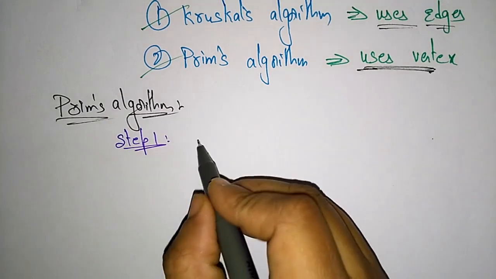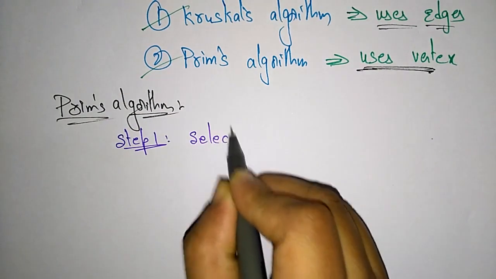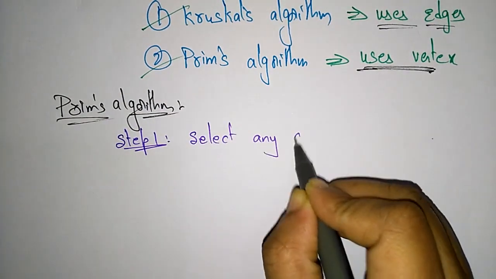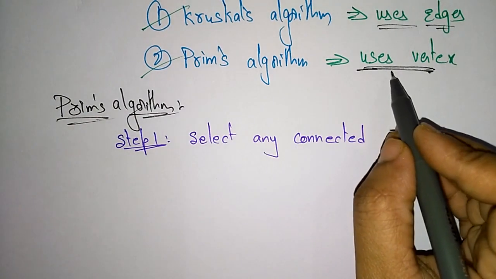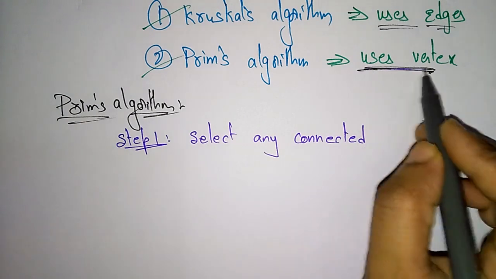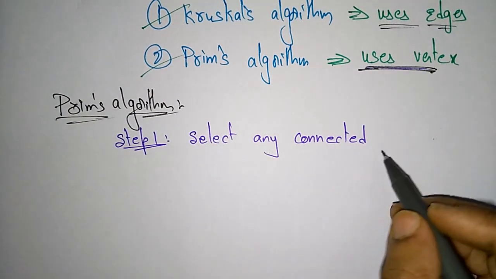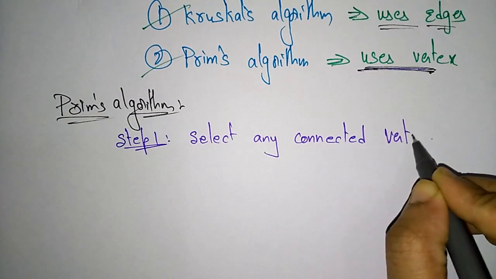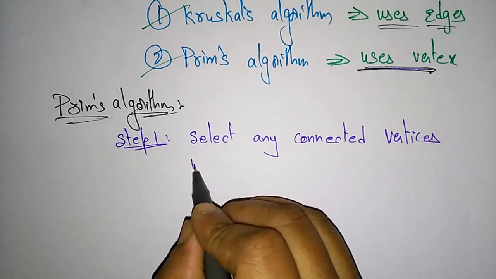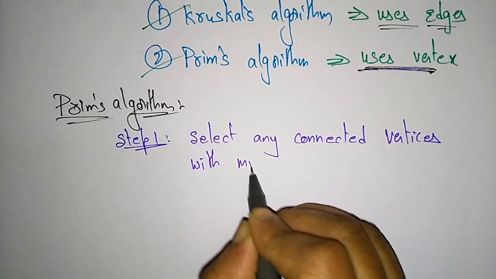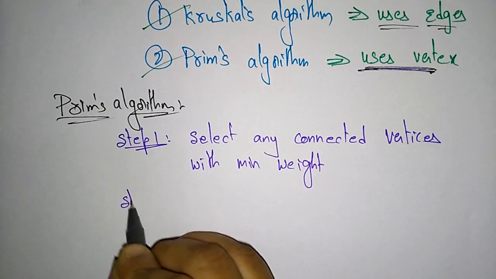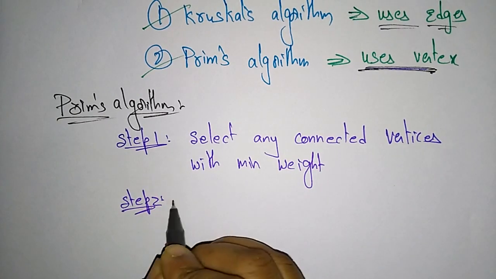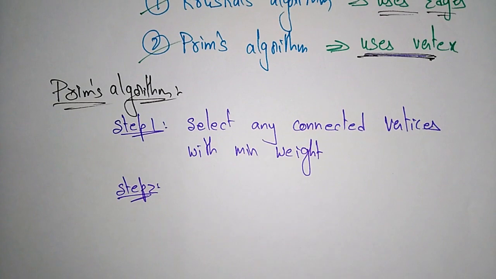Step 1. We have to select any connected vertices. We are discussing Prim, so we use vertices. So first select any connected vertices with minimum weight. Next, step 2. In step 2 we have to select an unvisited vertex.